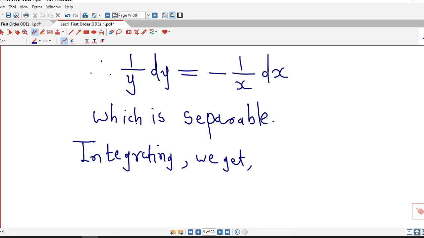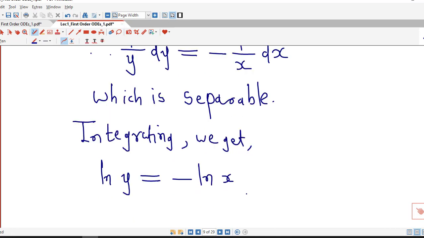Integrating, we get integral of 1 by y is ln y equal to integral of 1 by x is ln x, plus arbitrary constant. But as we know, if we are having logarithmic function in each term, we can set arbitrary constant as ln c also.